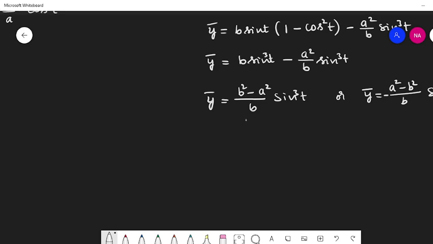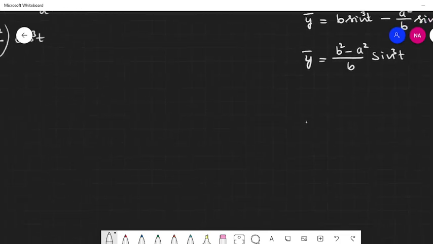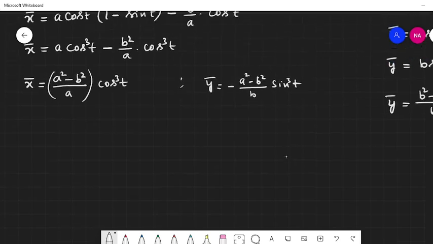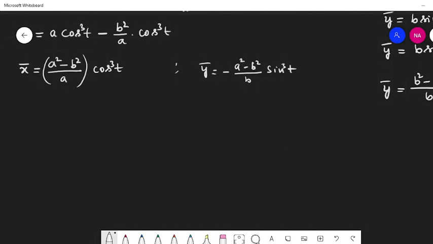So I got x bar and y bar. I'll rewrite y bar here. So y bar I got minus a square minus b square by b sin cube t. Now we need to eliminate t between these two parameters, I mean between these two equations. Now from this I can write a x bar equal to... cos square t plus sin square t is 1, I'm going to use this identity here.